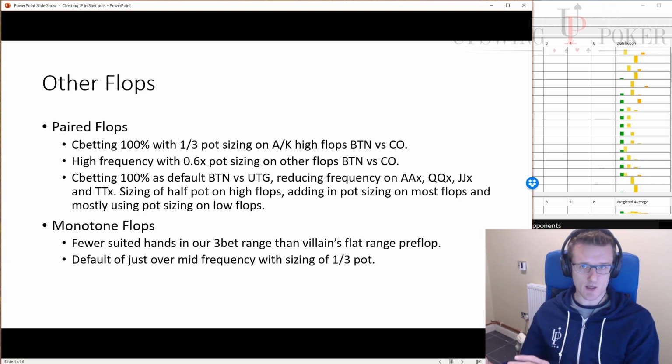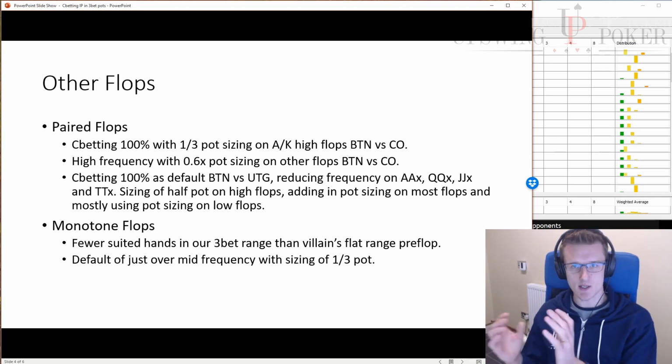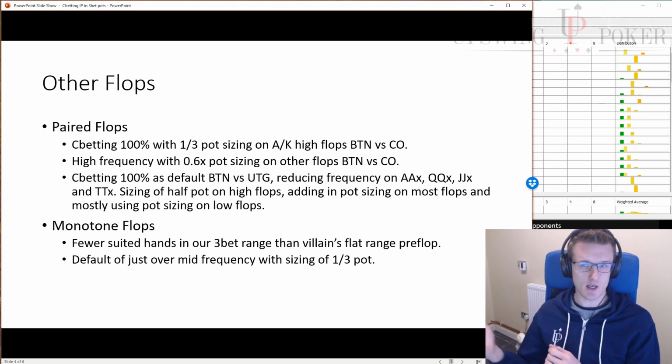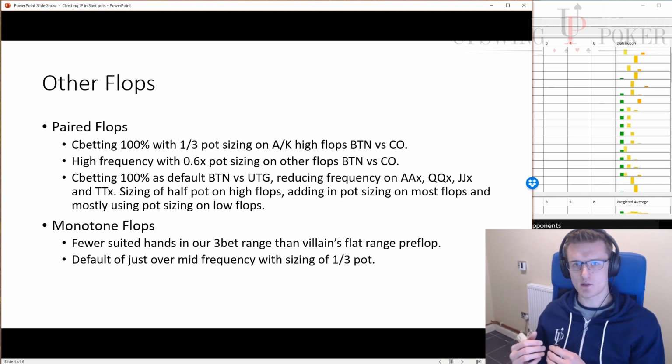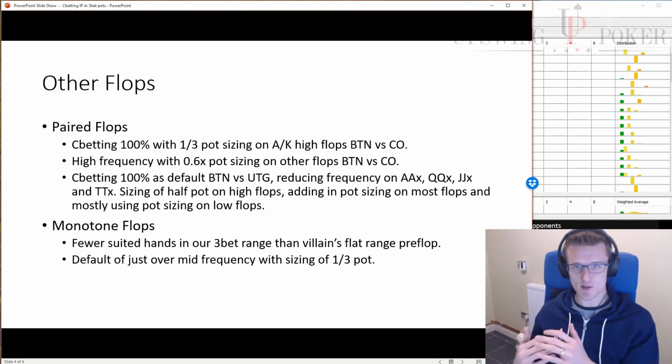So our opponent's going to be hitting better than us and also more straights than us. If we now change that board to say 8-8-6, then there's less sets they can have, there's less 2 pairs they can have, and so on. They're going to hit more trips than us, and that's why we're not c-betting 100%, despite the fact that we've got a nice advantage in terms of the high overpairs.